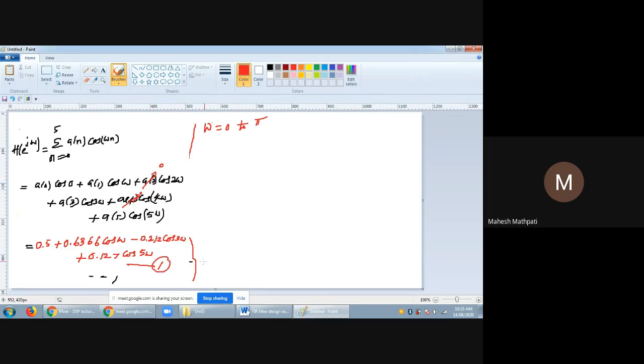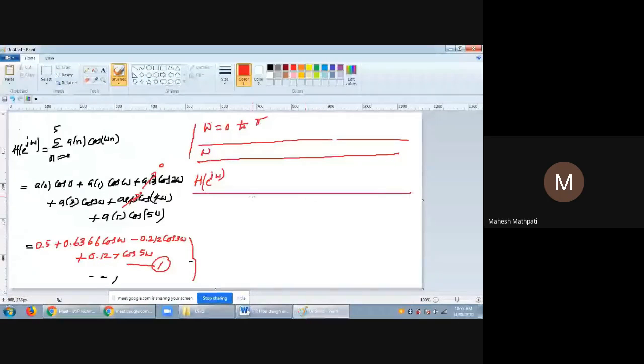Here we drew a table. First we write the value of omega, then h of e power j omega, and then h of e power j omega in dB.